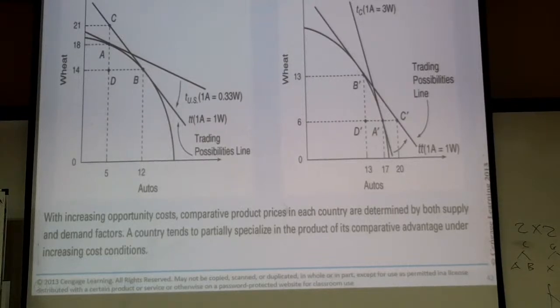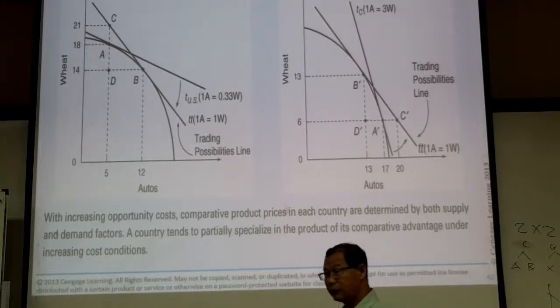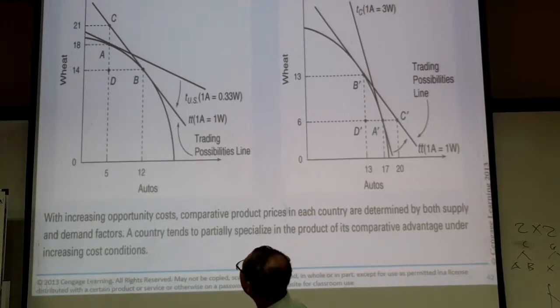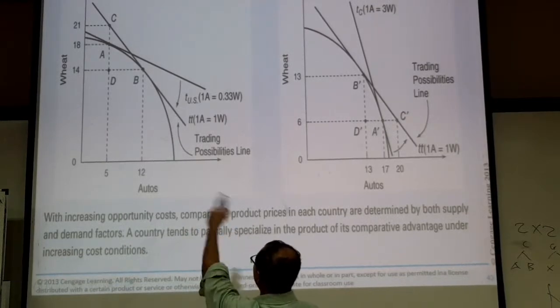And C, somewhere there, C. So, partial, under the increasing cost condition. So if you begin, I wish I were taller, I could describe that with my hand.